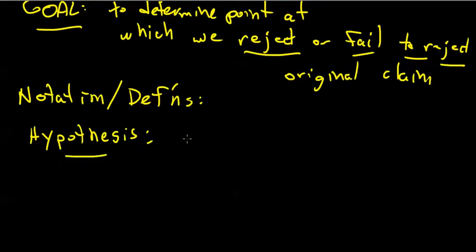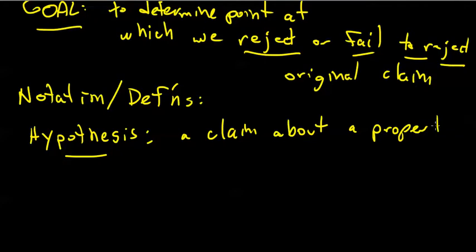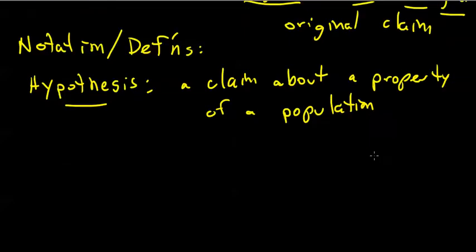In this context, for this course, it's a claim, any claim about some property of a population. We're going to talk about hypotheses about population proportions, population means, population SDs, and for a first course in statistics, that's pretty much it.